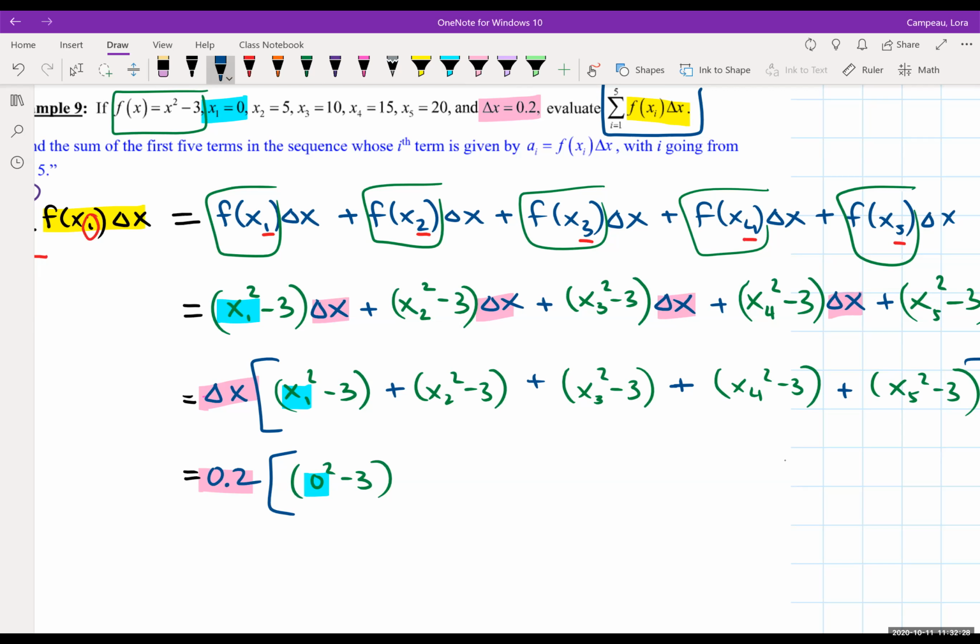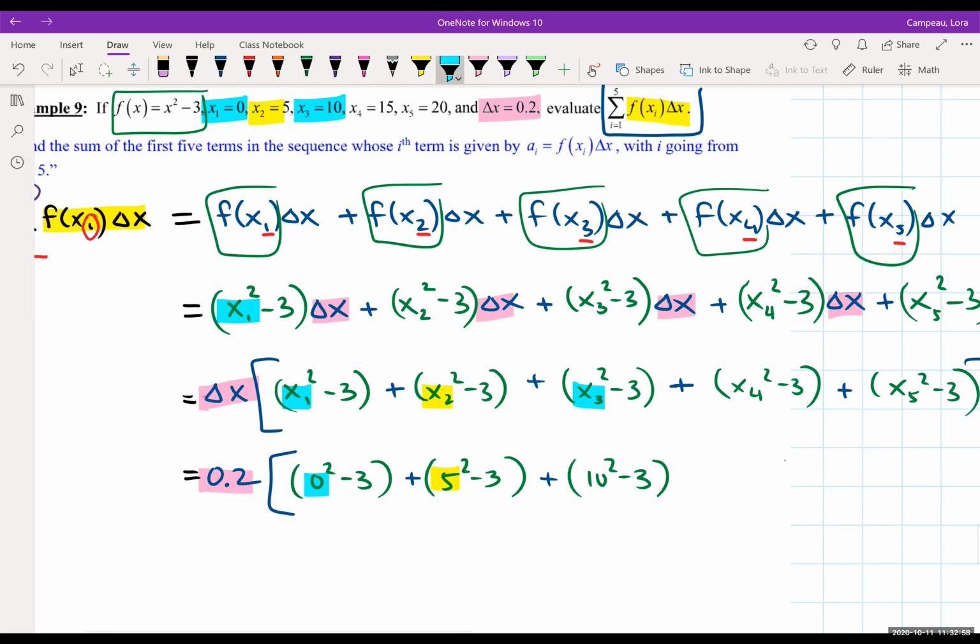Okay, keep going. Just think about what x of 2 is equal to. X of 2 is equal to 5. So what we have is 5 squared minus 3. What is x of 3 equal to? That's equal to 10. So what are we plugging in? 10 squared minus 3.